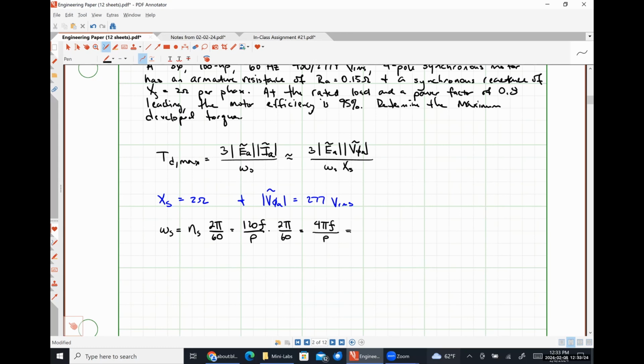So that's going to look like 4 pi times 60 hertz divided by 4 poles, comes out to be 188.495 radians per second, equivalent to, I think this would be 1800 RPM.